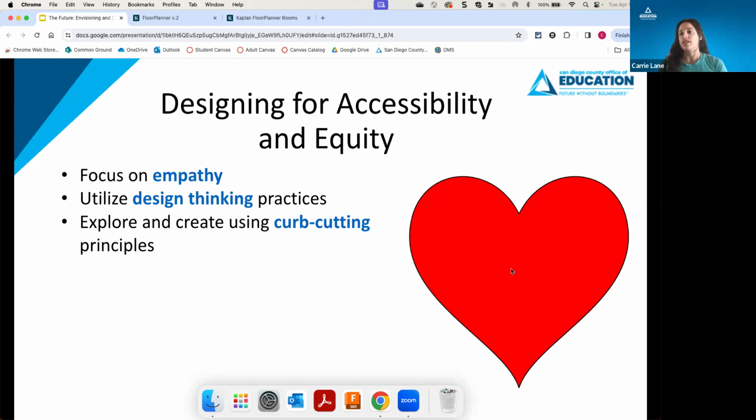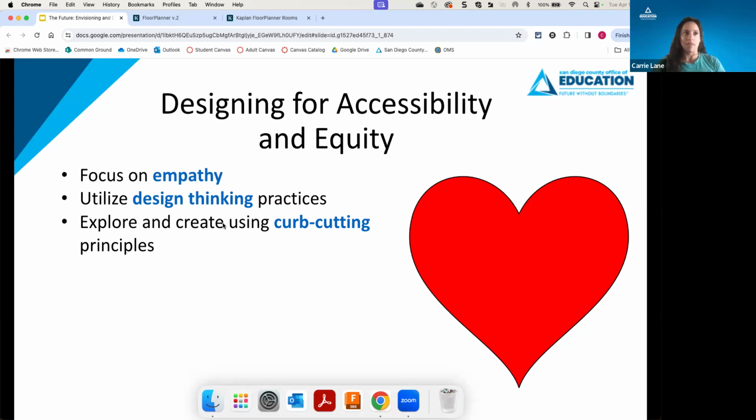And as you understand other people, you can start to design for them, and you can start to support them in the ways that they need it, rather than kind of guessing at it or feeling sorry for people. And that, I think, goes right back to that medical versus social model, where there's no need to necessarily feel sorry for people. It's really about empathizing with them, understanding, and then creating things that can make it so that they're able to do all of the same things as we're able to do and more.